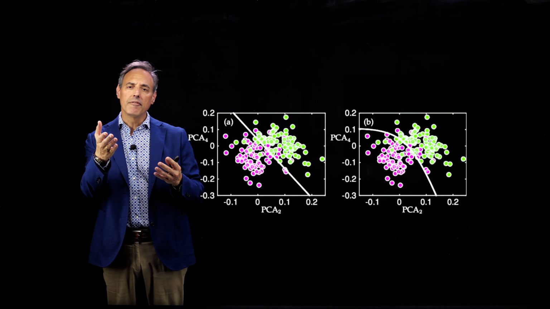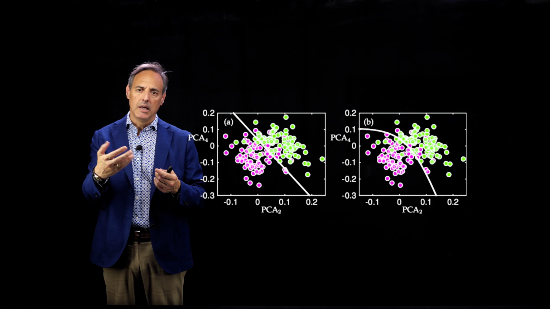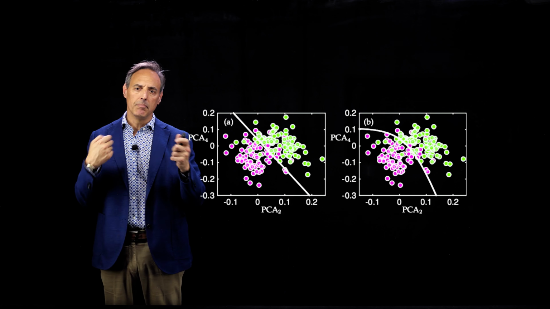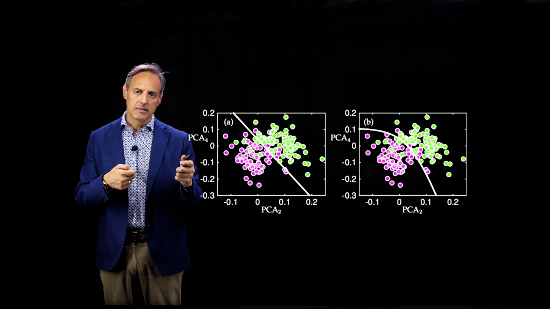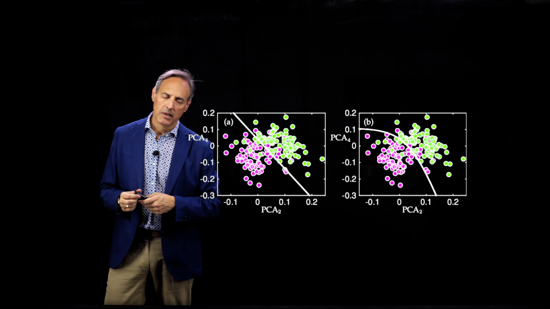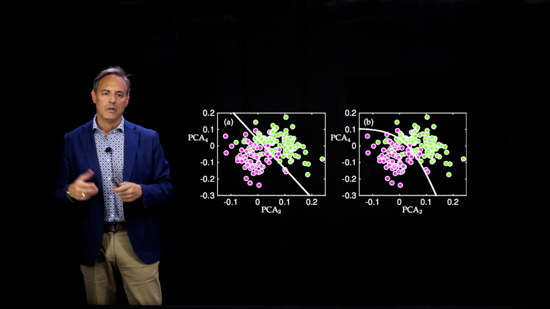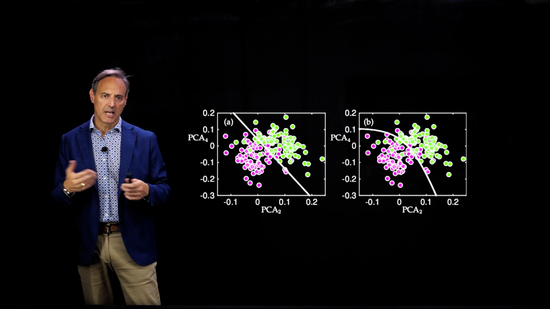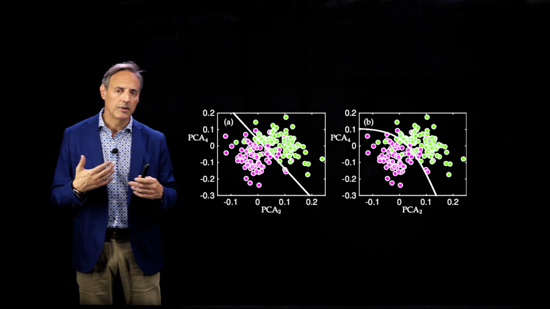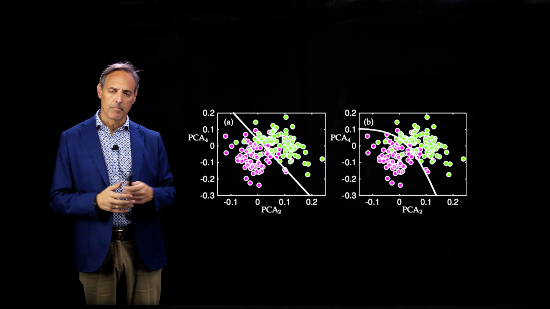It's all based on the fact that you have labels. And the fact that you have labels allows you then to compute the within-class and between-class variances in order to produce these lines. So really critical is that you actually have the training labels associated with it. So you already know what the magenta and green balls are.